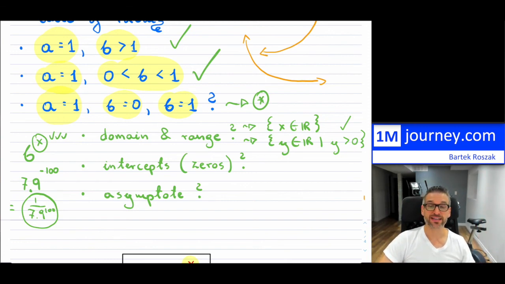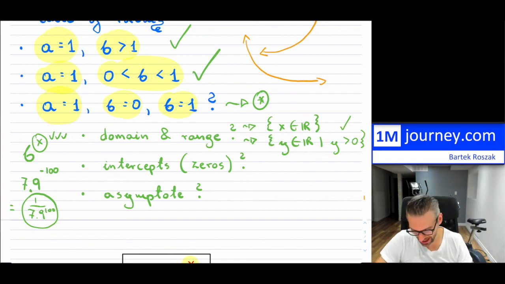Now your intercepts. Are there any intercepts or any zeros? Well, our range is always greater than 0, so we actually don't have an x-intercept. That's one thing: there are no zeros, at least for this parent function b to the x. Any other intercepts? We did see that every single graph we had intercepts the y-axis at 1.